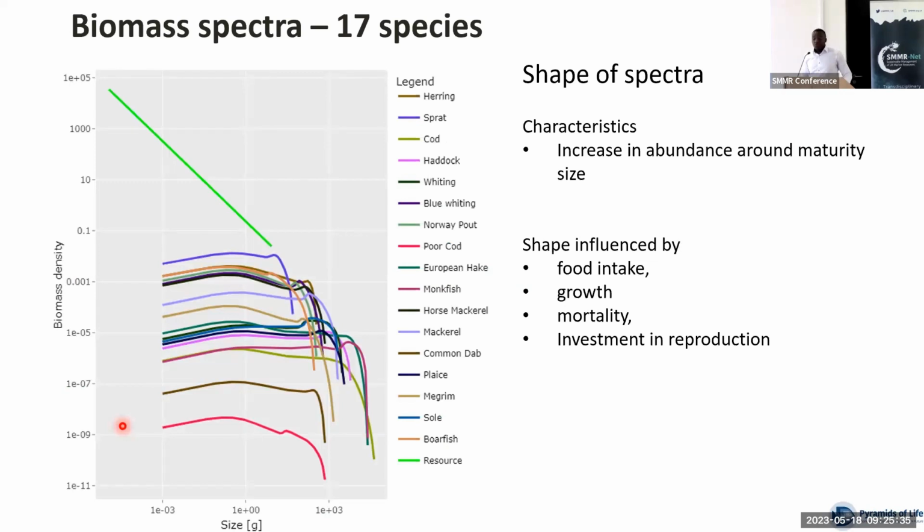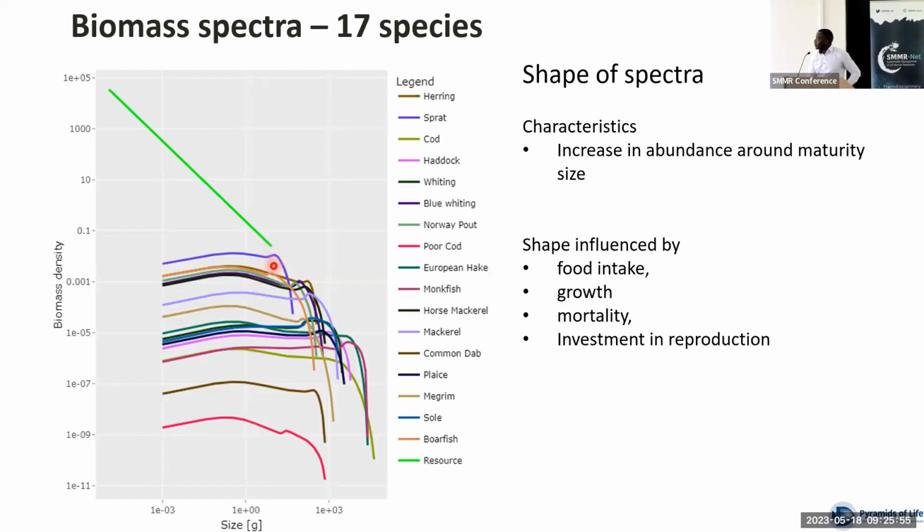You can see the green line is the resource spectrum. We have the graph showing the relationship between the biomass density and the size, and the different lines are the different species that we've been able to model, the 17 species.